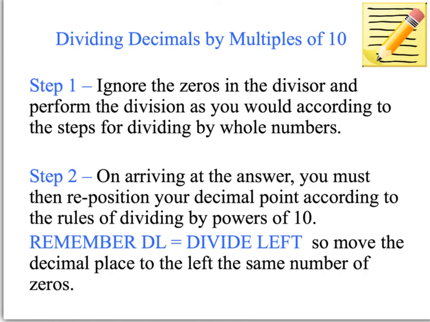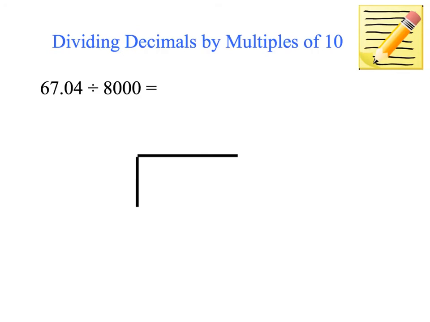You'll remember that we did this for multiplication. It's just a couple of different things. Alright, so remember we're dividing left, so DL, moving the decimal place to the left, the same number of zeros. Alrighty, this is the example here. So remember we're not going to worry about the zeros yet. We're just dividing. So we're just going to divide by 8. So 67.04 divided by 8.